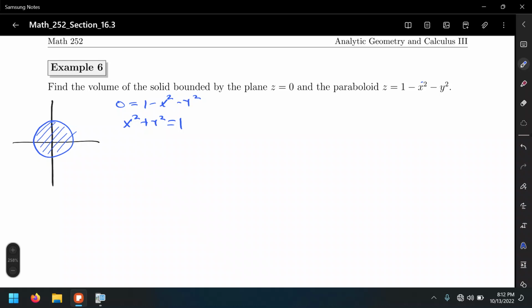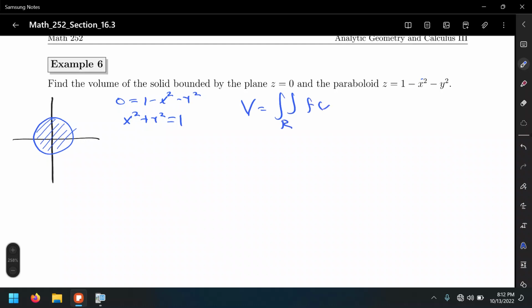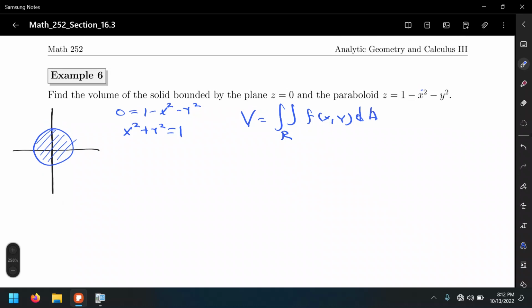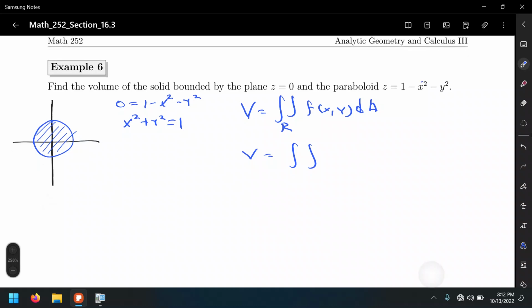So let's see, what else? Now we want to find the volume here. Let's set up the volume, that is V equals the double integral over the region R of some function f of x y for now, dA. However, we don't want to evaluate this over the world of xy, but rather over the world of r theta. So we need to convert z equals 1 minus x squared minus y squared.